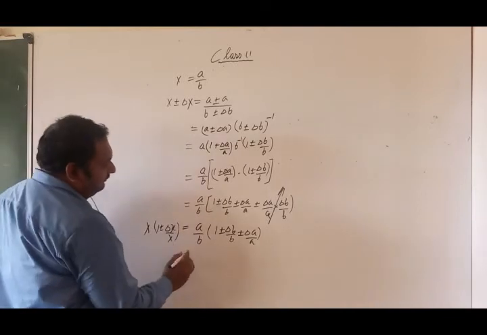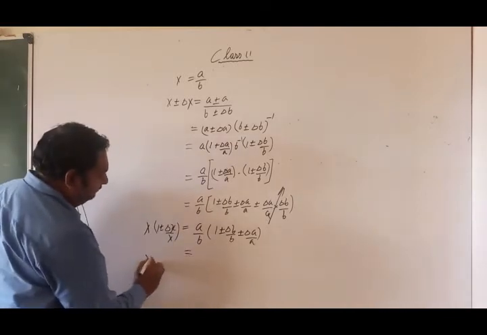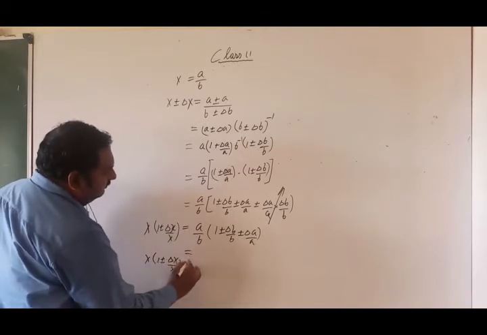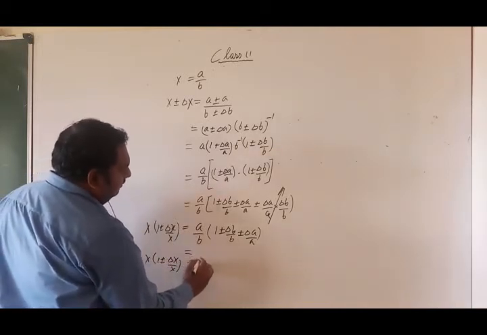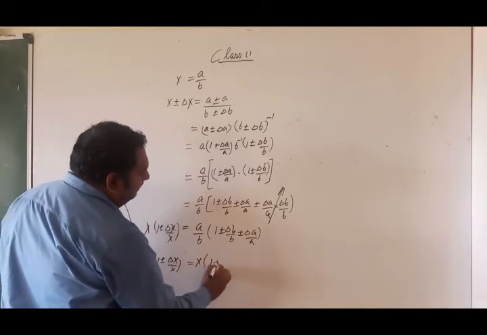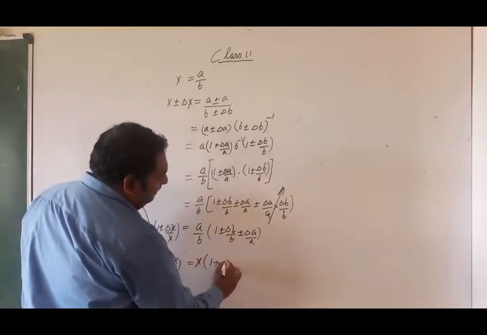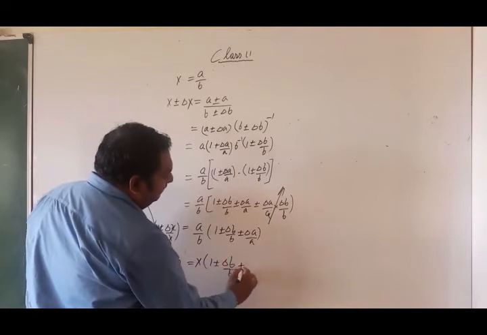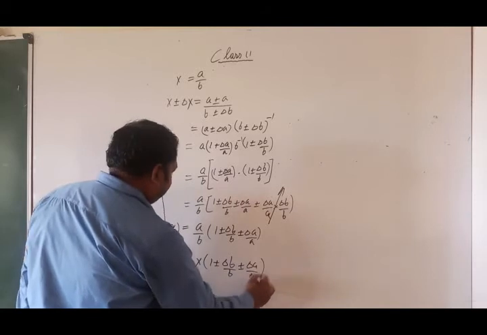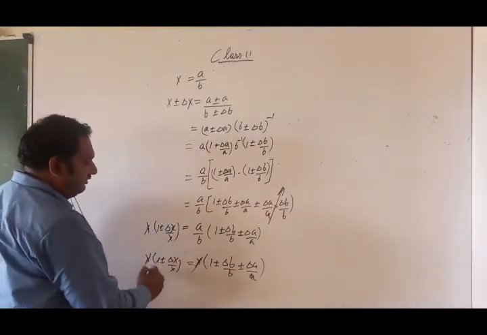So we can write 1 plus minus del x upon x equal to x into 1 plus minus del b upon b plus minus del a upon a. This x and x cancel out, 1 and 1 cancel out.